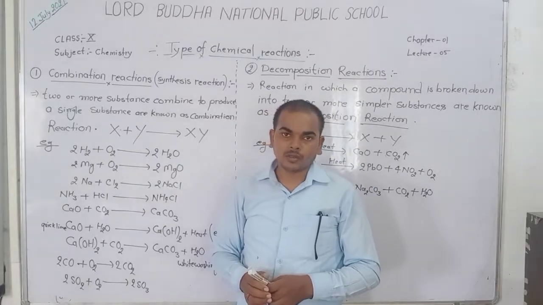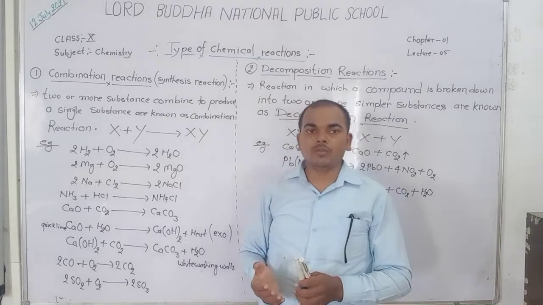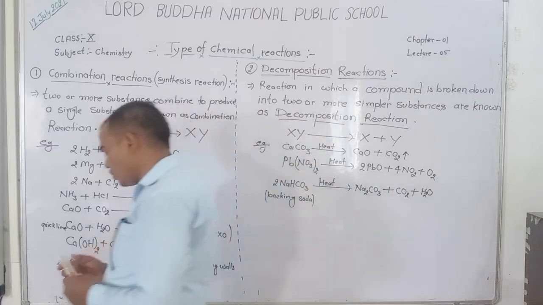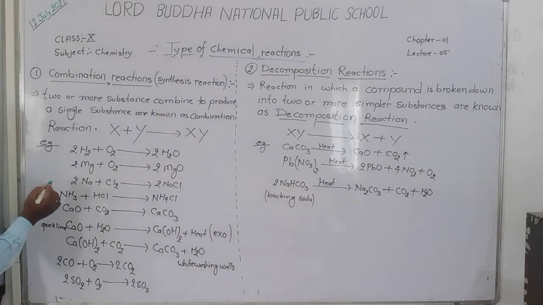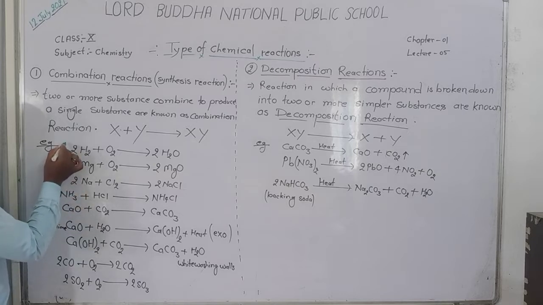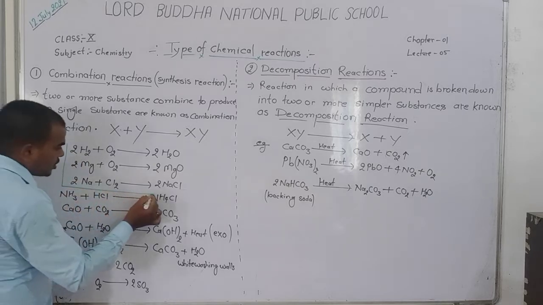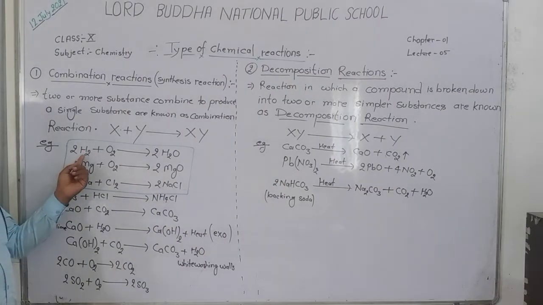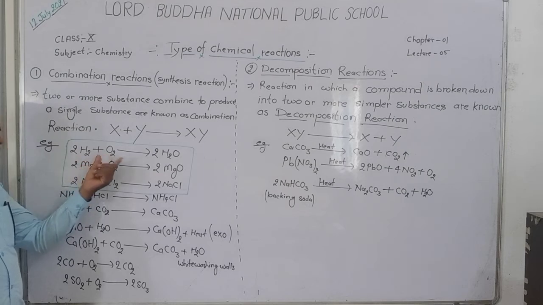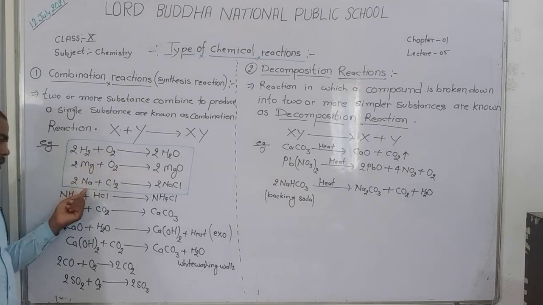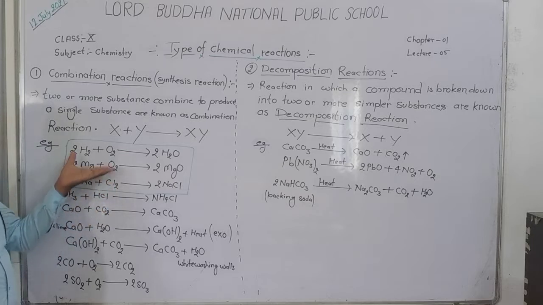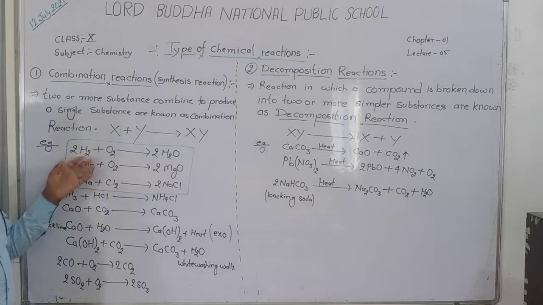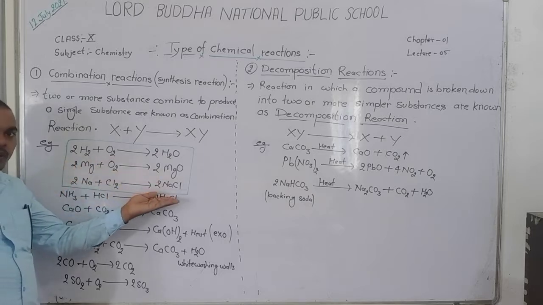Dear student, here you observe there are three types of combination reaction. In the first type, an element combines with an element to form a single compound. Observe here, elements combine with each other; sodium and chlorine are both elements. In these three reactions, elements combine with each other and form a single compound.